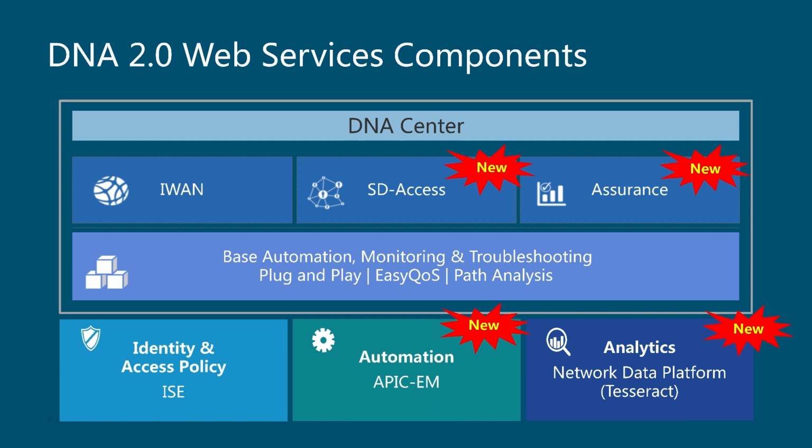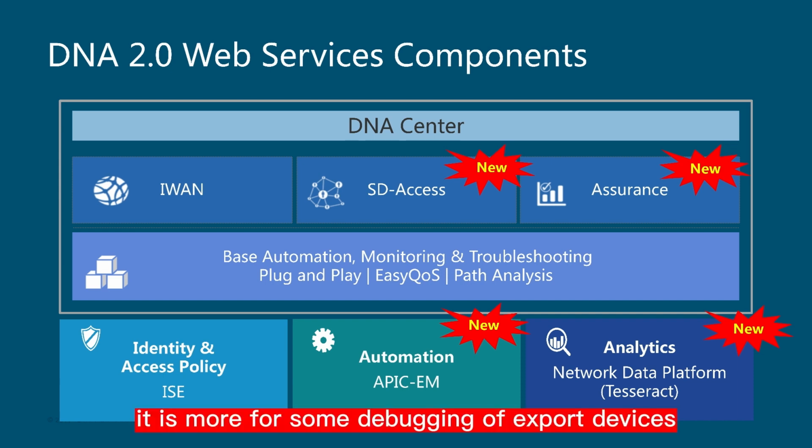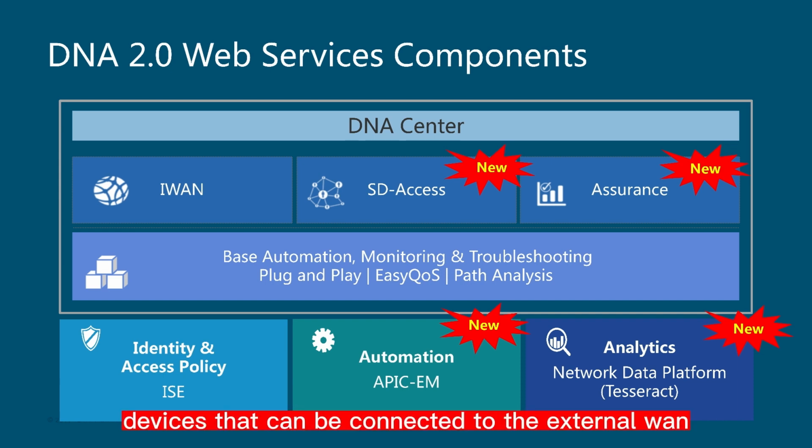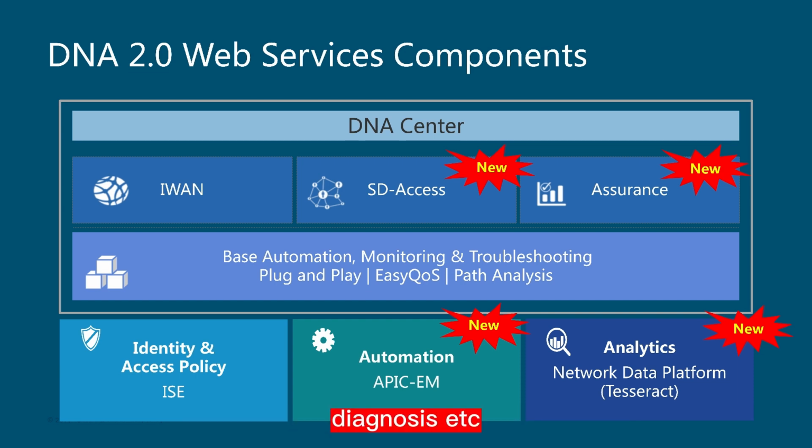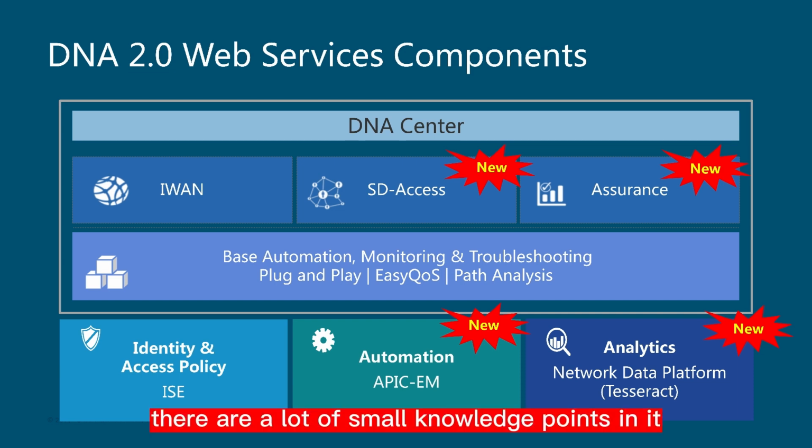Secondly, for SD-WAN, it is more for some debugging of export devices. Devices that can be connected to the external WAN at the egress. Implement some intelligent traffic load. Real-time switchover for some failures. Diagnosis, etc. It can do better support. For both SD-WAN and SD access, there are a lot of small knowledge points in it.